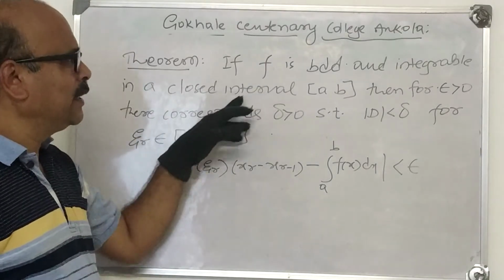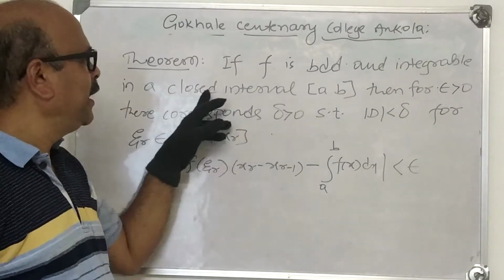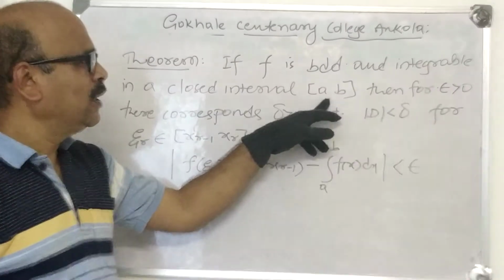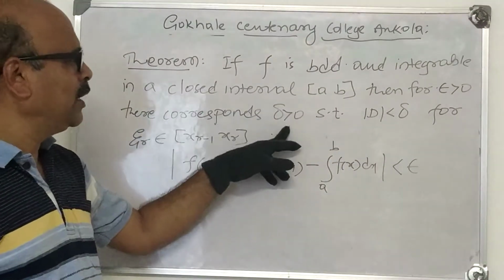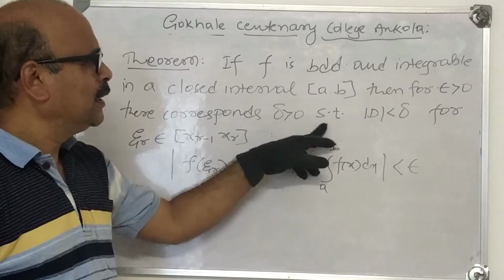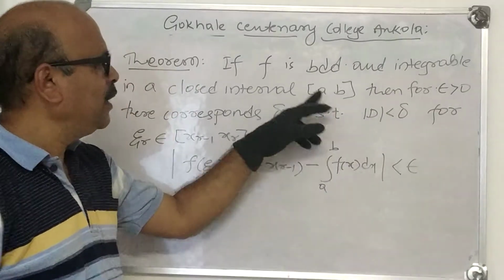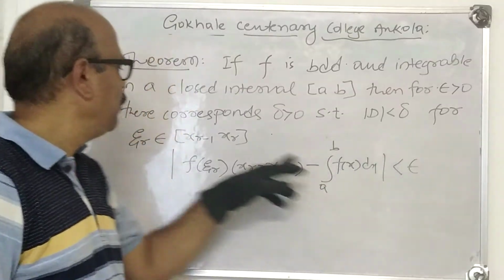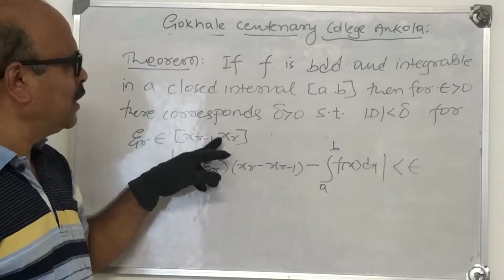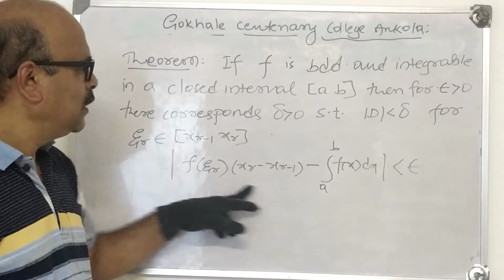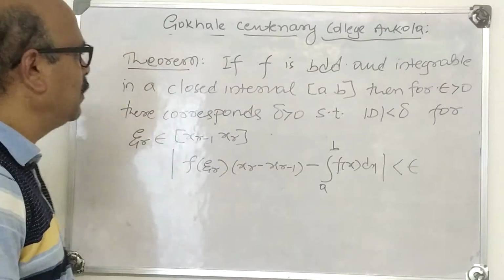Now the theorem is like this. Suppose f is bounded and integrable over closed interval [a, b], then for epsilon greater than 0 there corresponds delta greater than 0, such that for all division of [a, b] whose norm is less than delta, for every choice of xi_r belonging to [x_{r-1}, x_r], the above expression is less than epsilon.